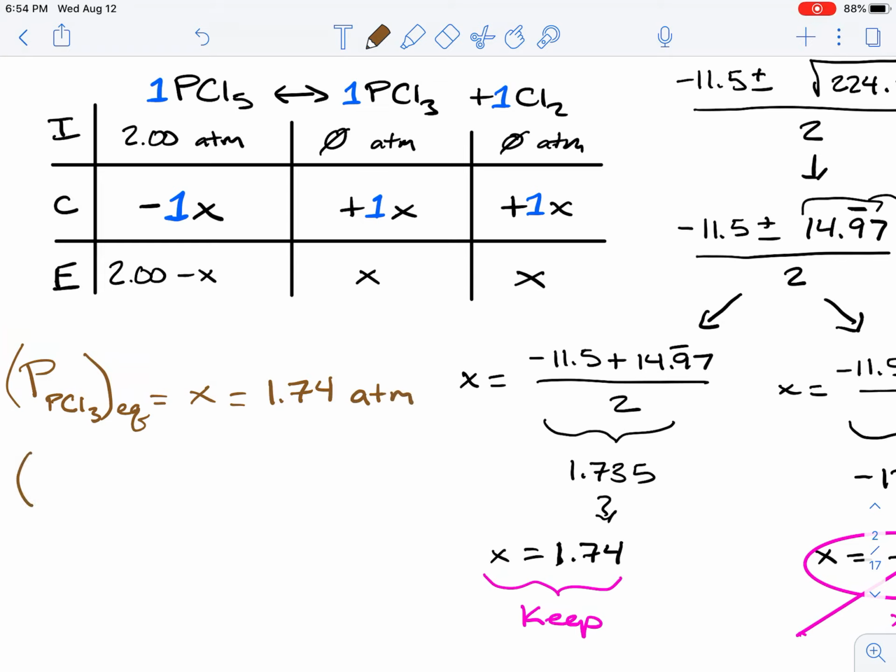And so the equilibrium partial pressure of Cl2 is also defined as x, which is going to be 1.74 atmosphere.